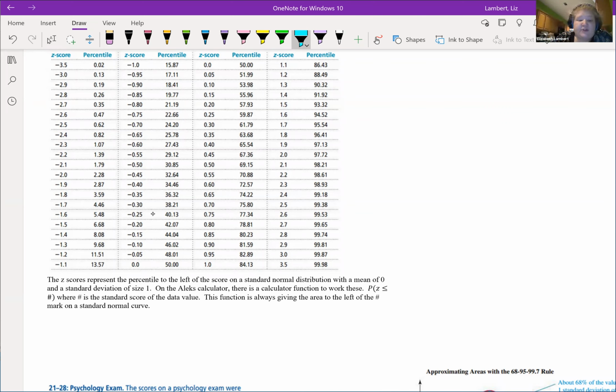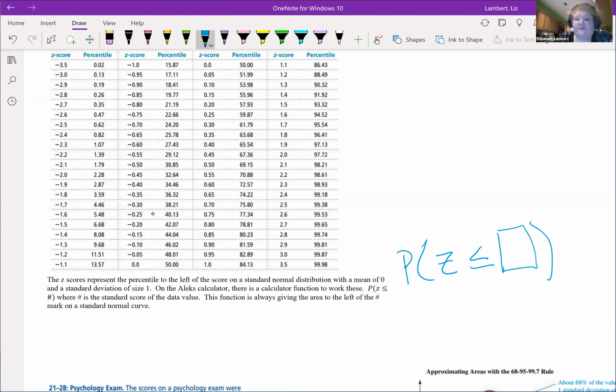Now, on the ALEKS calculator, there is this formula. And let's get a real pen. So it is the probability that Z is less than or equal to, and then ALEKS put a box.